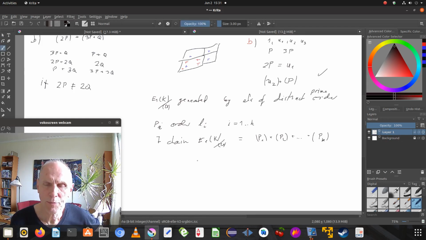Then if we have a generator for P1 plus a generator for the other one, say G2, and then we just multiply by i and j, i from 0 to 1 to the order of P1 and j from 1 to L2, the order of G2.